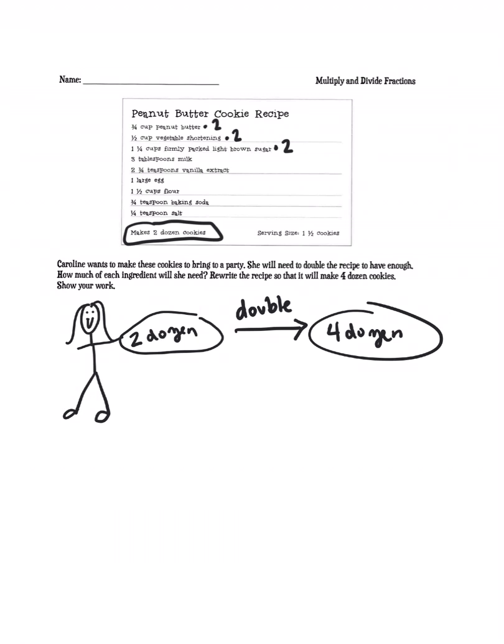Let's start with the peanut butter. I can see that the original recipe calls for 3/4 of a cup. When I multiply that times 2, I need to put whole number 2 on top of a denominator of 1, and that will make it easier to multiply.